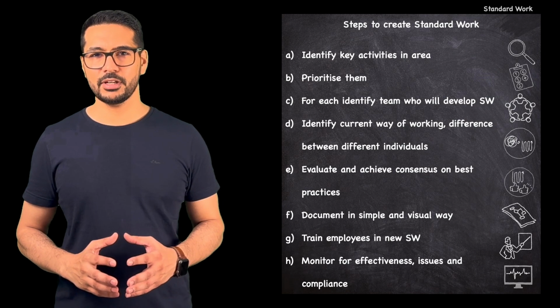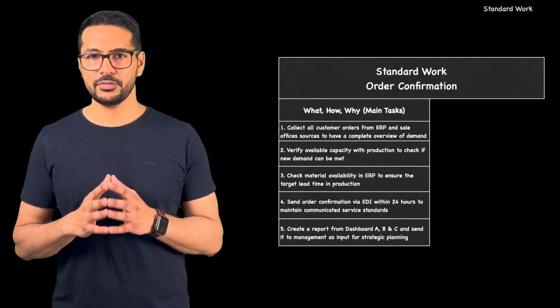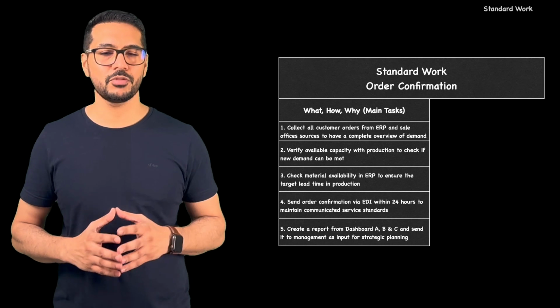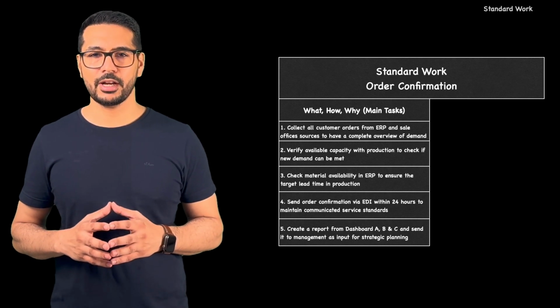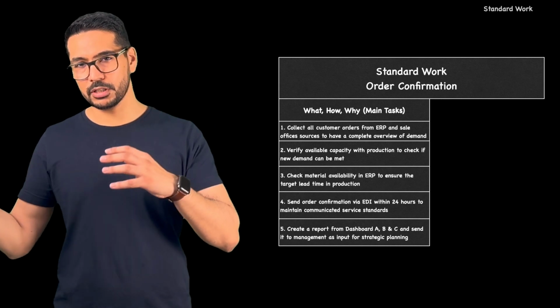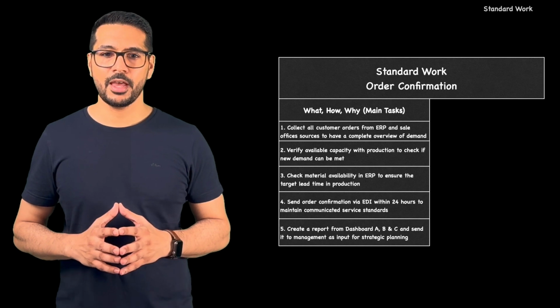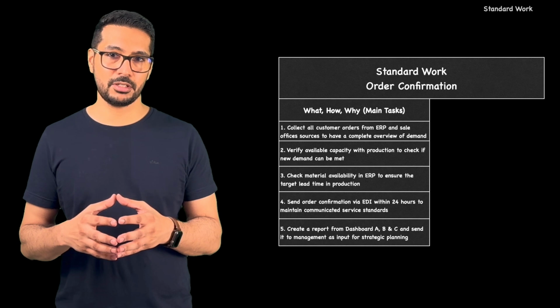Now let's see a very simple example of standard work for the process of customer order confirmation. The first step here in standard work, we have written all the activities which are being performed. These activities, for example, are to collect all the job orders, all the customer orders from different channels and branches, and after that check the available production capacity.